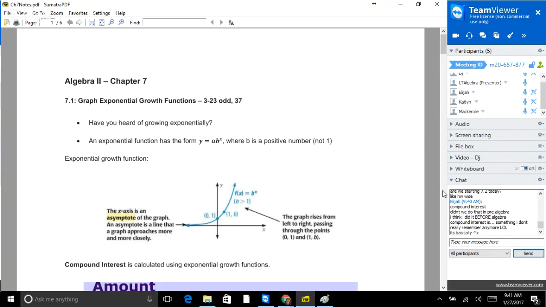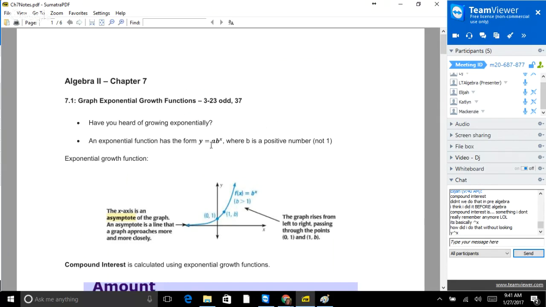So yes, basically, Elijah, instead of your x being like x to the second power or x to the third power, now your variable is the exponent.